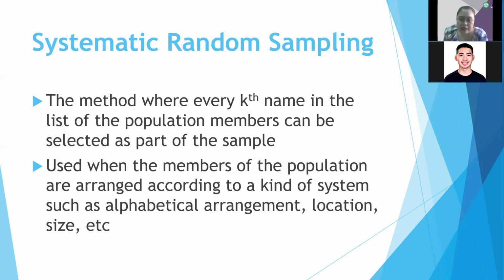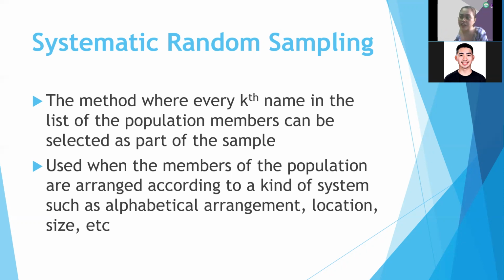Pero, probability sampling pa rin ito kasi bibigyan pa rin natin ng equal chance ang lahat ng members of the population to be selected in the study. Pero again, meron muna tayong list. So the list is naka-arrange yung names ng ating population doon and depende na sa iyo kung paano mo siya i-list.